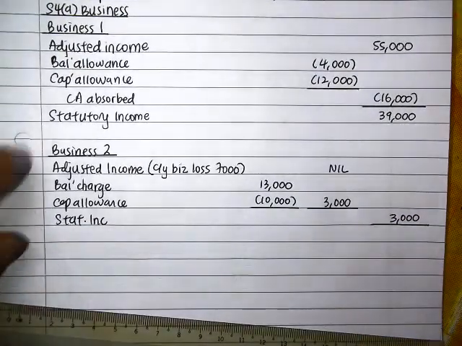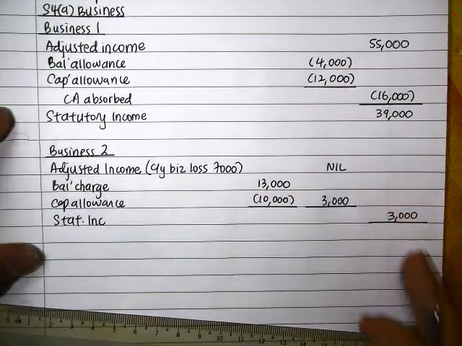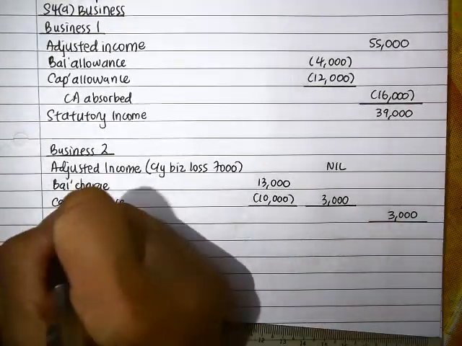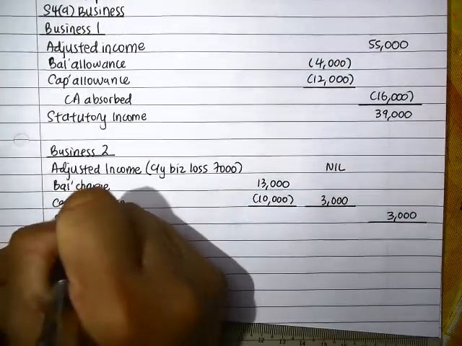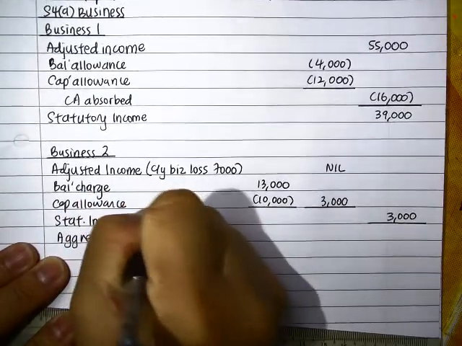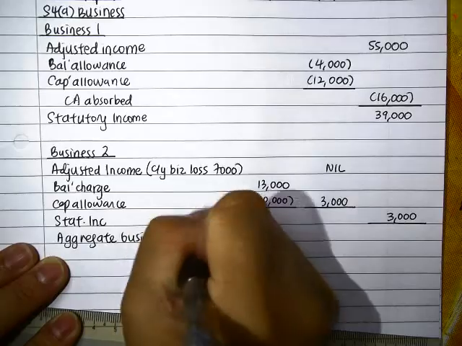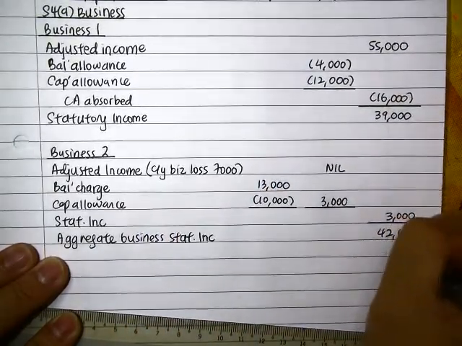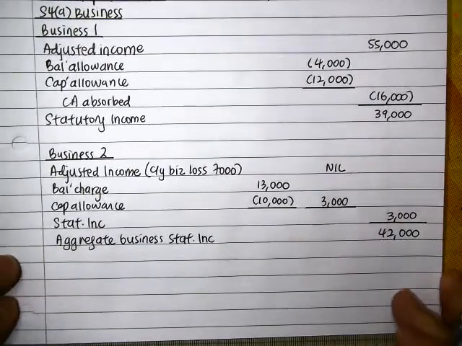Now see, this is the statutory income of business 1 and 2. So take all the statutory income and combine them. You call this the aggregate business statutory income, 42,000. Why do you need this figure?